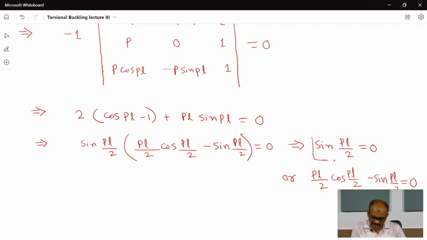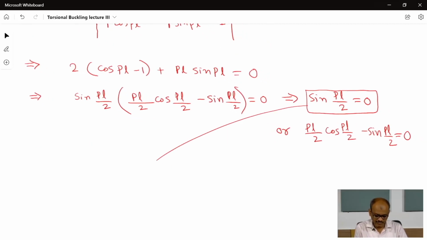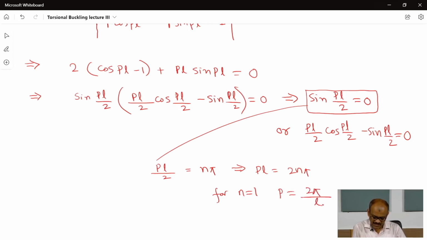If this is the condition, then we can write pL by 2 is equal to n pi, which implies pL is equal to 2n pi, and for n is equal to 1, this p becomes 2 pi by L.